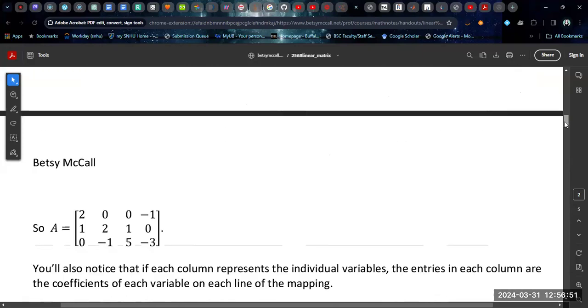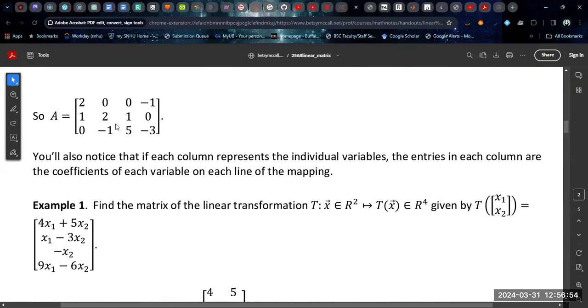I will get exactly this matrix that I found right here. So basically, just write the system that you get as a system, as a coefficient matrix in matrix form, and you're good to go.